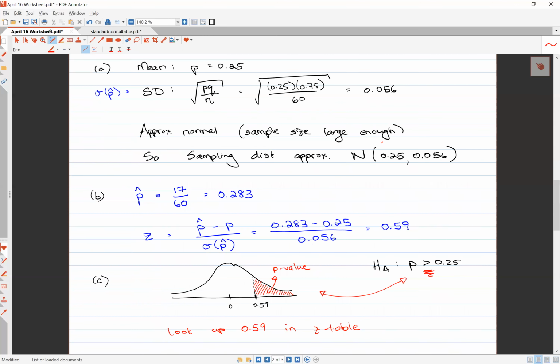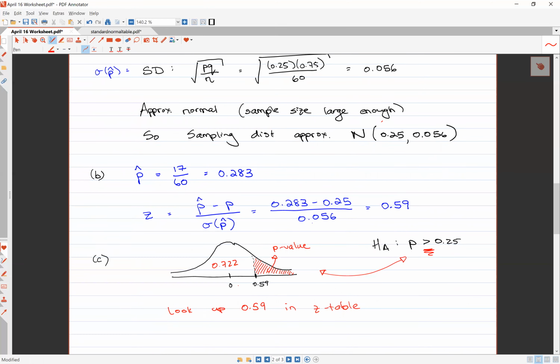Now remember, the normal table always gives you the value to the left. We need the value on the right-hand side. So our p-value is going to be 1 minus what we just looked up. So 1 minus 0.722 is 0.278, or 27.8%. We can express it as a percentage.